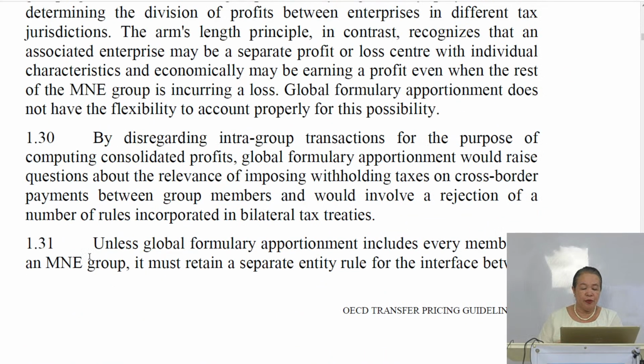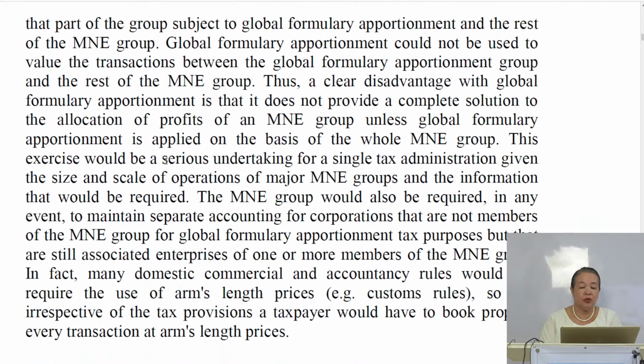Unless global formulary apportionment includes every member of an M&A group, it must retain a separate entity rule for the interface between that part of the group subject to global formulary apportionment and the rest of the M&A group. Global formulary apportionment could not be used to value the transactions between the global formulary apportionment group and the rest of the M&A group, no?